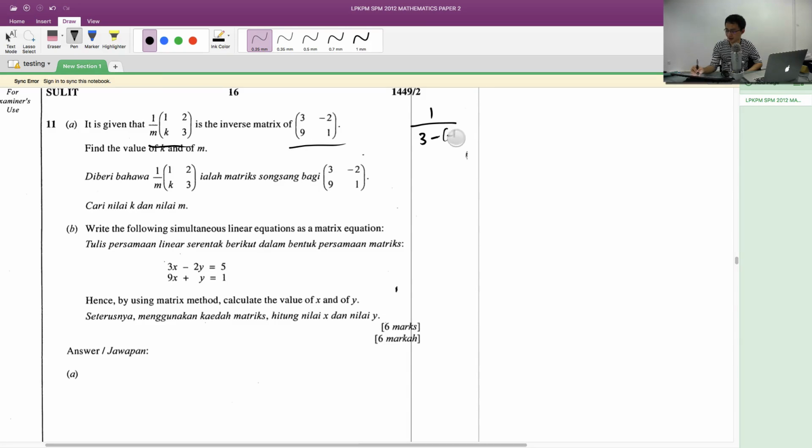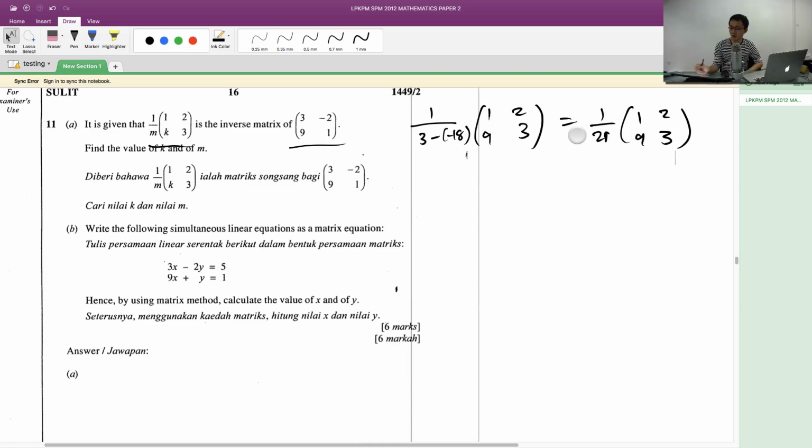BC is negative 18. Then A and D we swap place, and B and C we add negative. So this one becomes positive 2, 9. Alright, so I will get 1 over 21, and this is 1, 2, 9, 3.